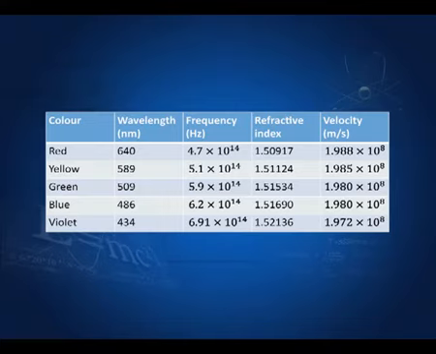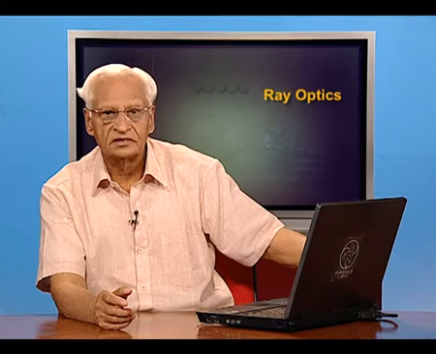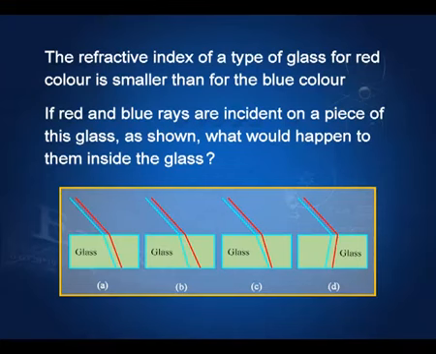Here it is in greater detail. We have got again the same thing, but we have got an additional thing, frequency, and also the velocity of light for that color. And you see that as the refractive index increases, the velocity of light decreases from red to violet. And what is the effect of this?